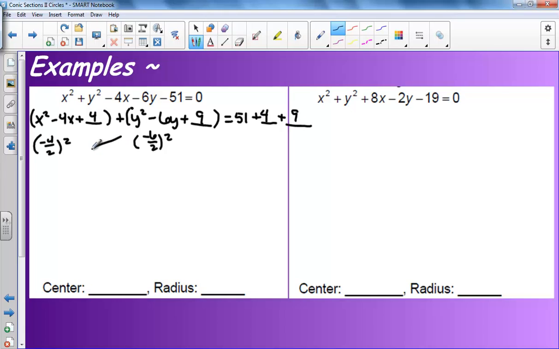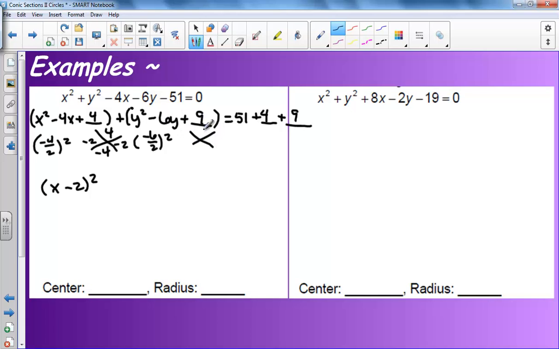I am going to factor this side first, and this is all x terms. A times c is 4, b is negative 4, so the numbers that work here are negative 2 and negative 2. So I get x minus 2 twice, right there. I'm going to factor this one.